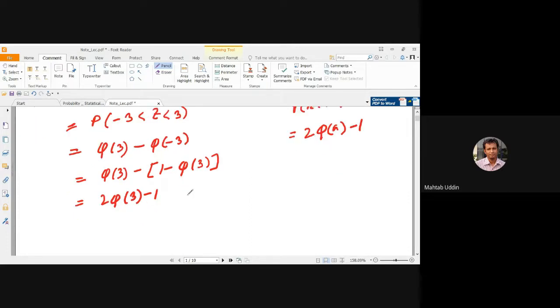Then from the normal table, you can find phi of 3 is 0.9987. Then the required probability is 0.9974.